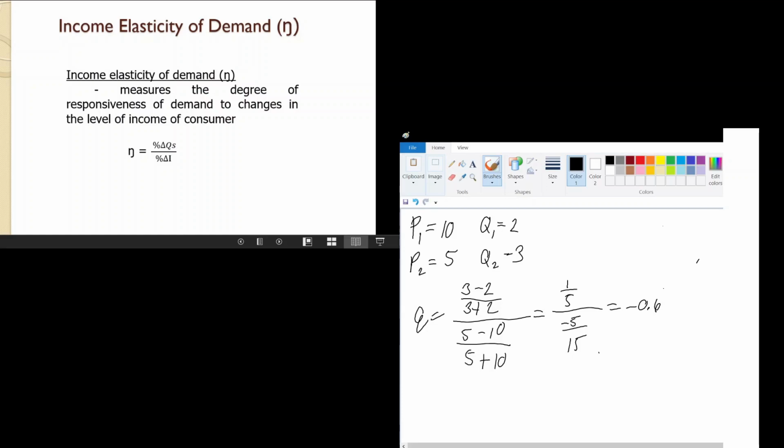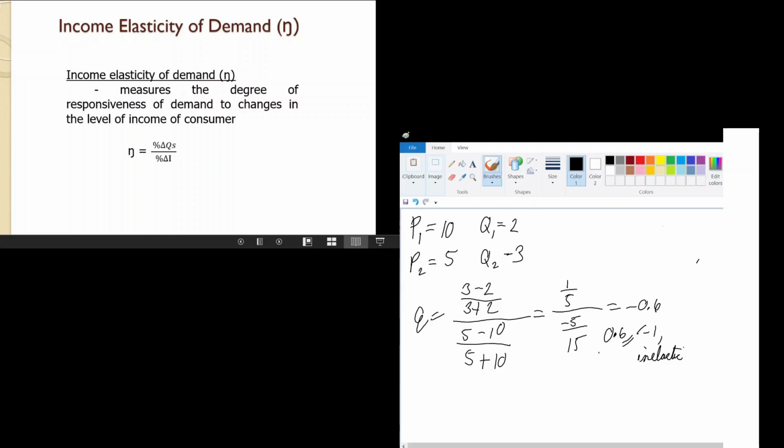Negative 0.6. So, the absolute value of negative 0.6 is 0.6. And 0.6 is less than 1. Therefore, it is inelastic. Now, how will we interpret yung value ng 0.6?